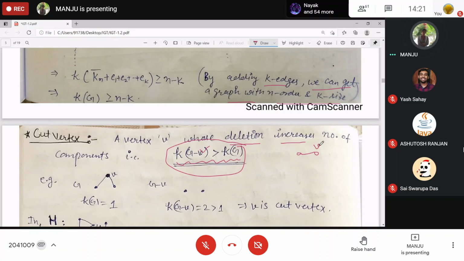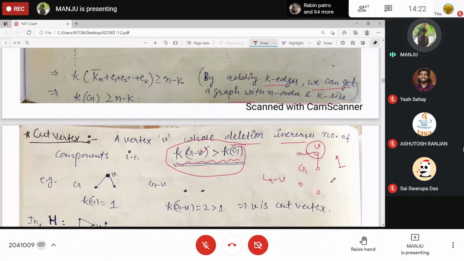So is V in this graph a cut vertex? How many components are in G? One.